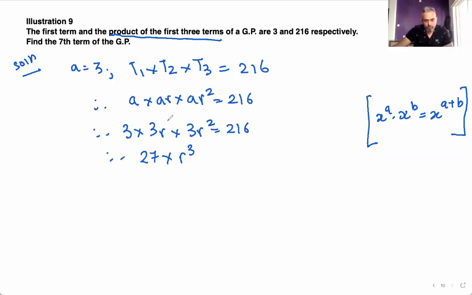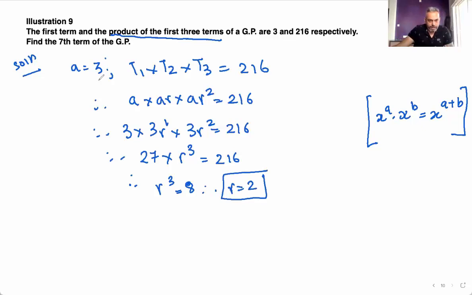So R raised to 1 into R raised to 2 is R raised to 1 plus 2, which is 3, equal to 216. Therefore, R cube is equal to 8. Therefore, R is equal to 2.